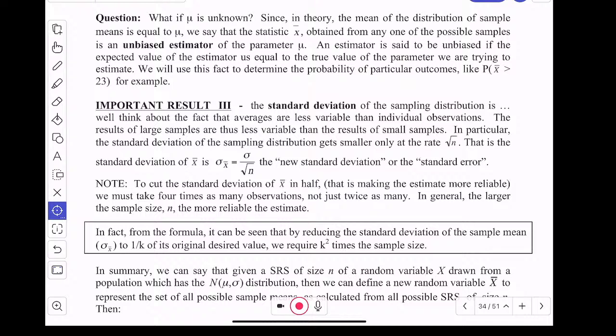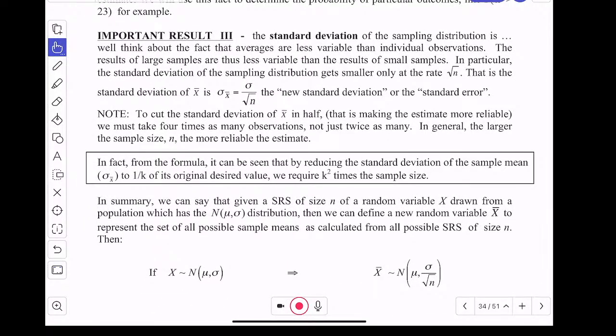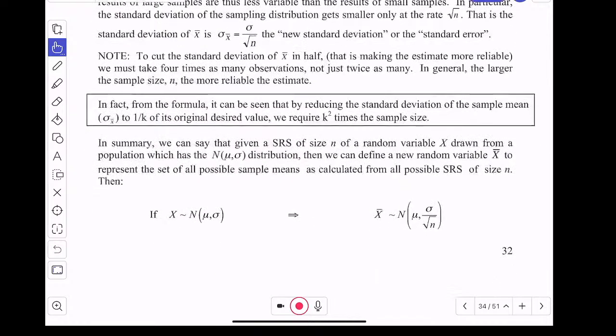So that's quite powerful. So how can we use that? Why would we want to get a smaller standard deviation? Because it would mean that our estimate is closer to the true mean, right? With a standard deviation that's small, you are closer to the actual mean.